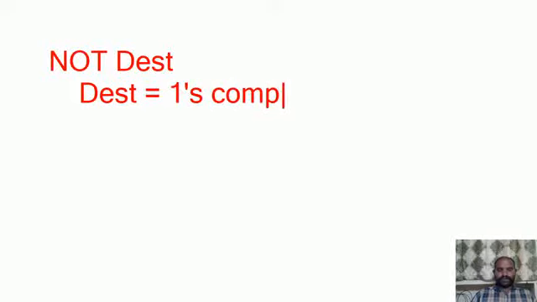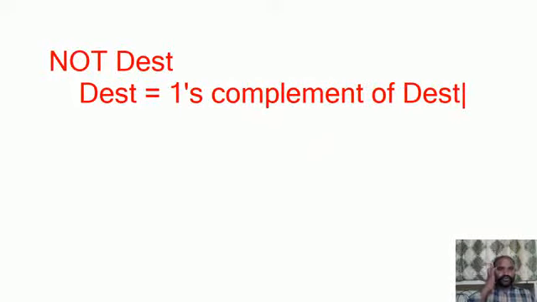Which means destination is equal to the ones complement of destination. It performs the ones complement on the destination content and stores the result back into the destination register itself.